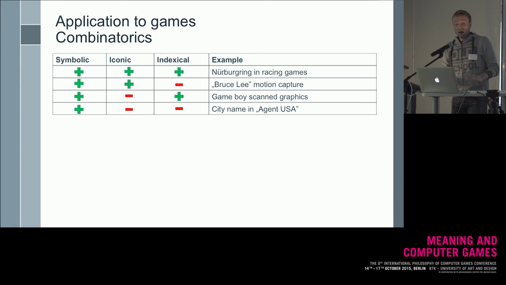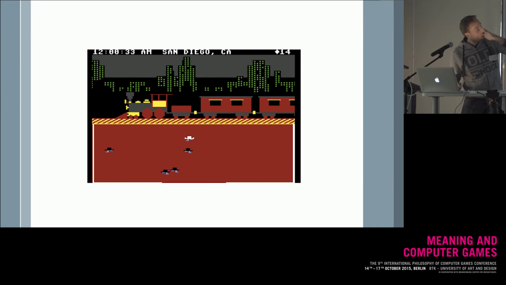I don't even know which one of the women fighters, because it's so bad. But it's a scan still. Again, if you have a symbolic representation only, then it only says that it is connected to the target, but it's not similar to it or taken from it in any way. So again, an example, I use a city name in an 8-bit game.